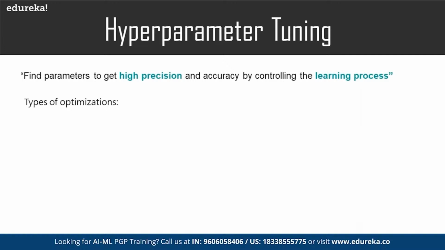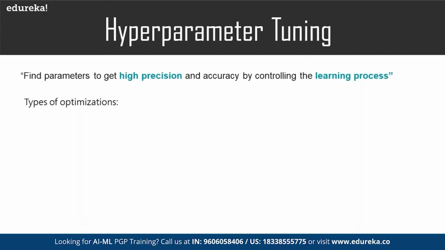So as we see here, hyperparameter tuning is about finding the important parameters as part of the algorithm. The main purpose of finding such parameters is to get high precision and accuracy. If you ask me what accuracy is, it is a metric we call evaluation metrics, or performance metrics, and such a metric is used for evaluating the model.